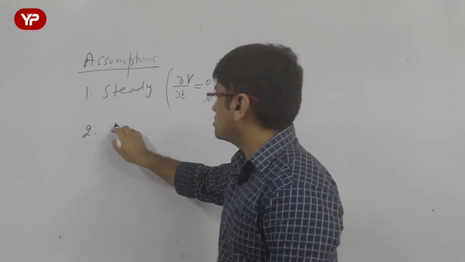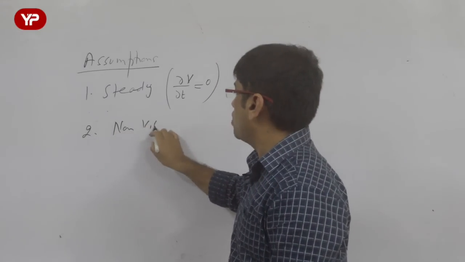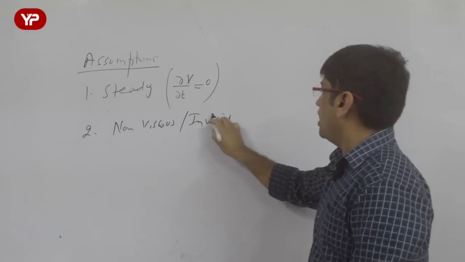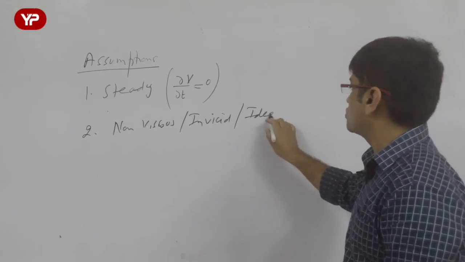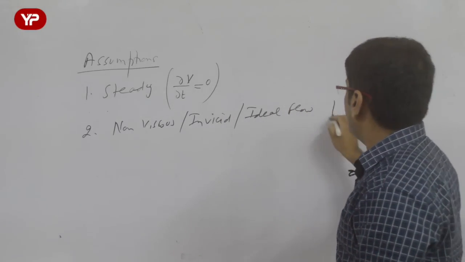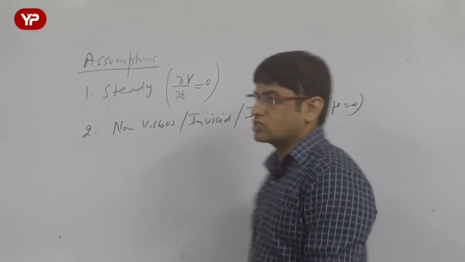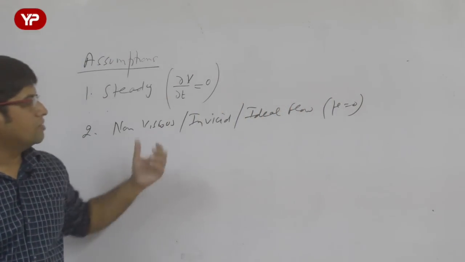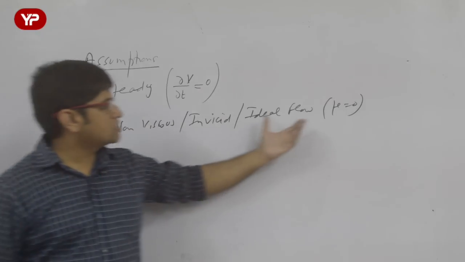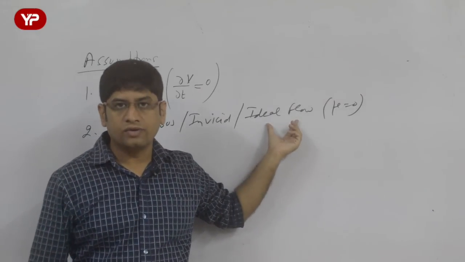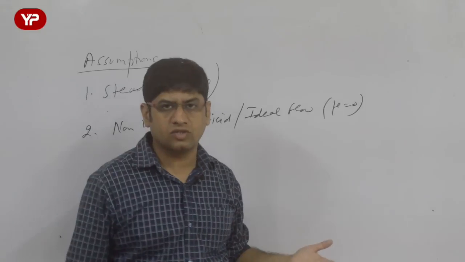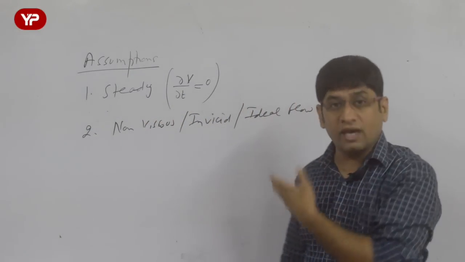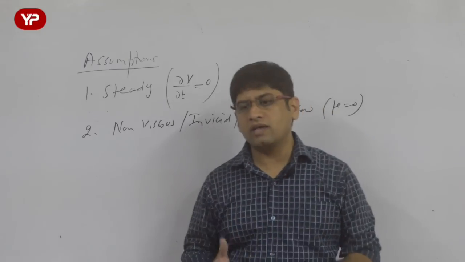The second assumption is non-viscous. There is another term for that, it is called inviscid, and another term is ideal flow. That means we assume that there is no viscosity of the fluid which is flowing. The fluid which has no viscosity is called ideal fluid. There is no such fluid which does not have viscosity, so that is purely our assumption, and Euler and Bernoulli make this assumption.